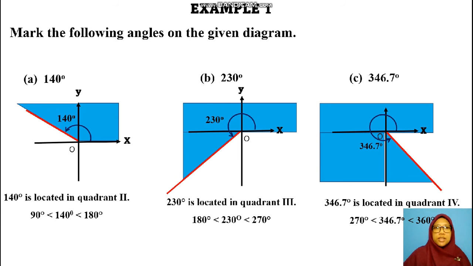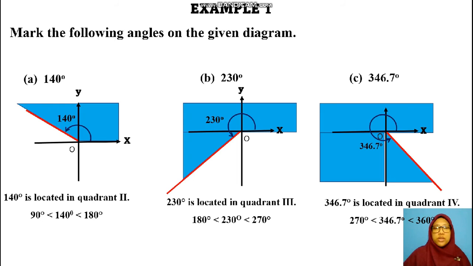Example 1. Mark the following angle on the given diagram. For question A, 140 degree. 140 degree is more than 90 degree and less than 180 degree. So, 140 degree is located in quadrant 2. For question B, 230 degree. 230 is more than 180 degree and less than 270 degree.